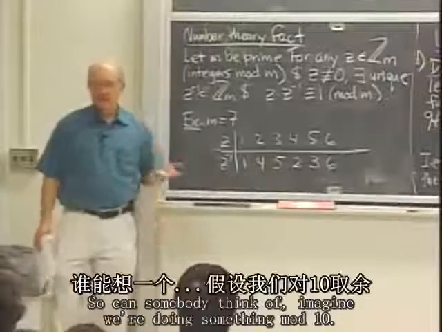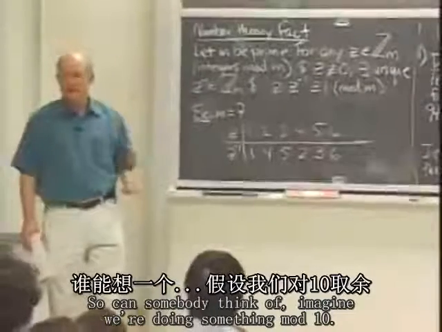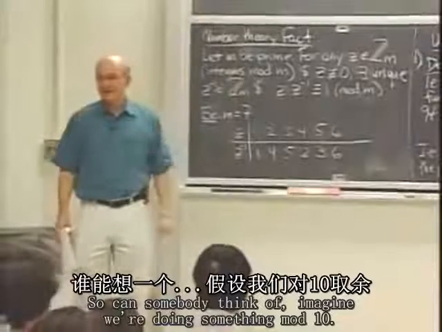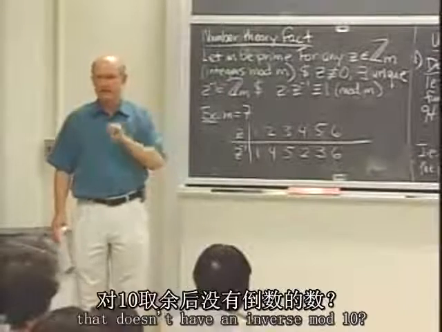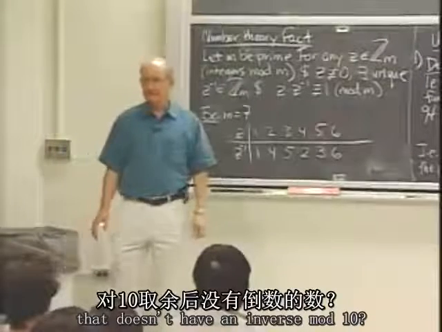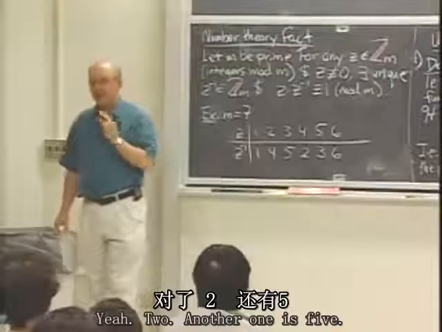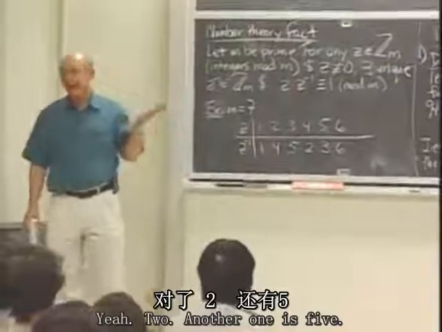So can somebody think of, let's see, imagine we're doing something mod 10. Can somebody think of a number that doesn't have an inverse mod 10? Yeah, 2. Another one is 5.